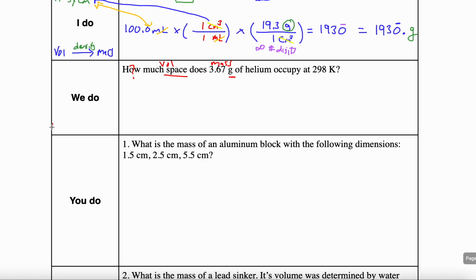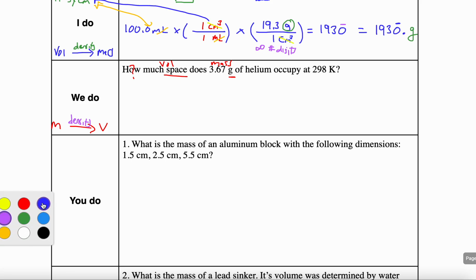So in this problem, I need to go from mass to volume. And in this case, to change from a substance's mass to its volume, our relationship to get there is the density. So we're going to work through this problem much the same way we did the previous problem.